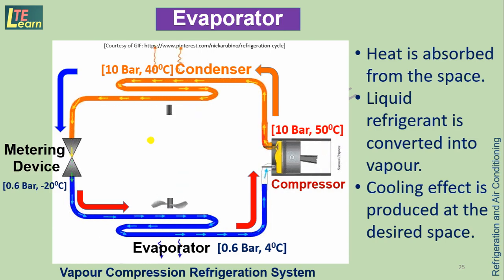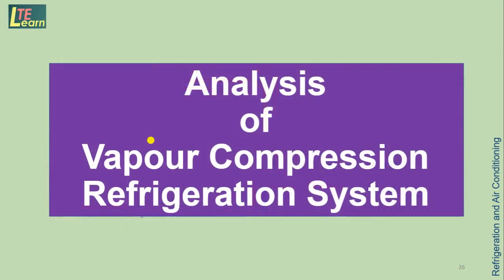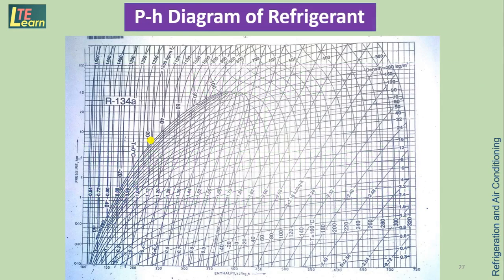Now we will see the analysis of vapor compression refrigeration system. For that purpose, we need the pH diagram of the refrigerant.